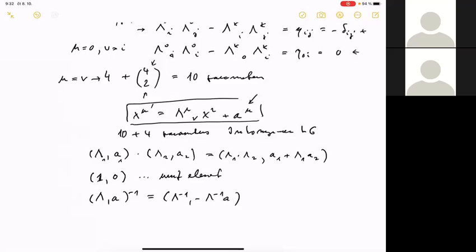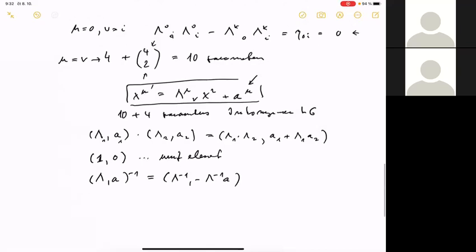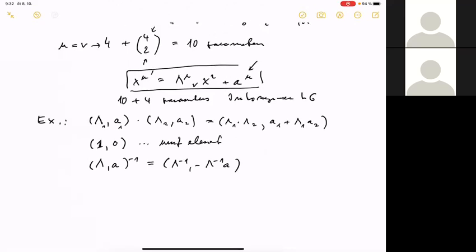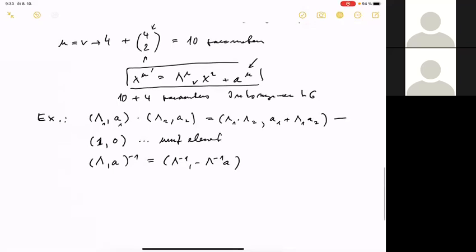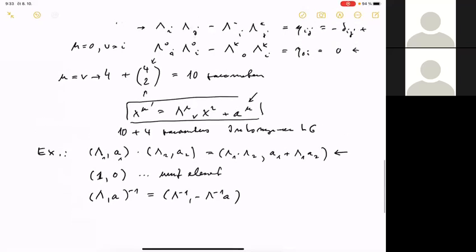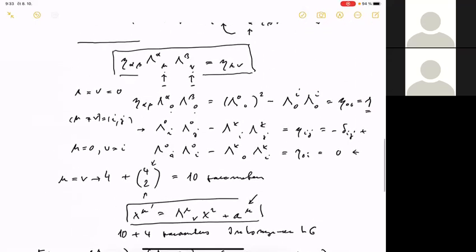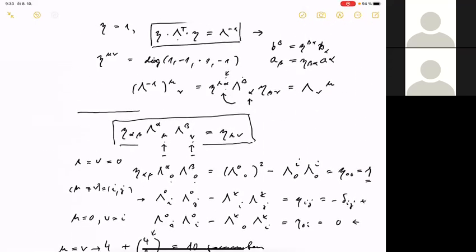It is an easy exercise to prove all these equations, and you will probably do it during the seminar. So this is an exercise for you. Of course, you can easily prove that such a composition rule is associative. And as we have seen, the inverse element of any lambda which is in the Lorentz group exists.